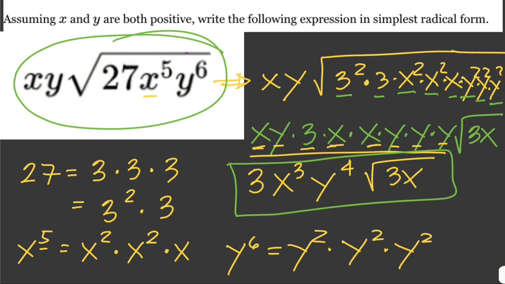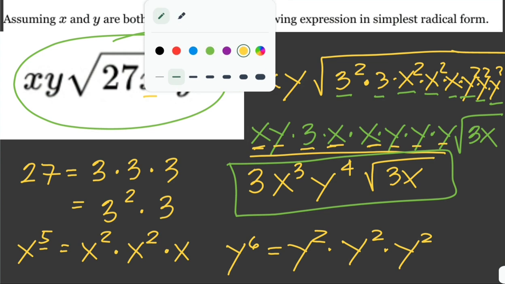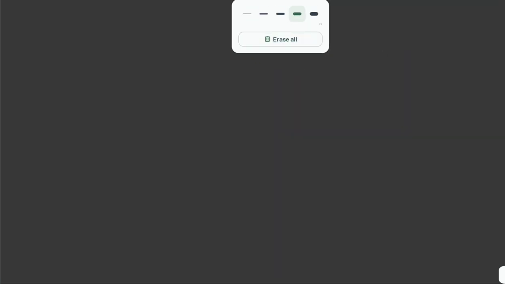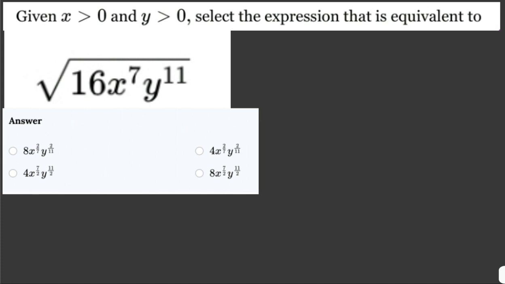Now let's solve another problem. Given x is greater than 0 and y greater than 0, select the expression that is equivalent to the square root of 16x to the 7th y to the 11th.